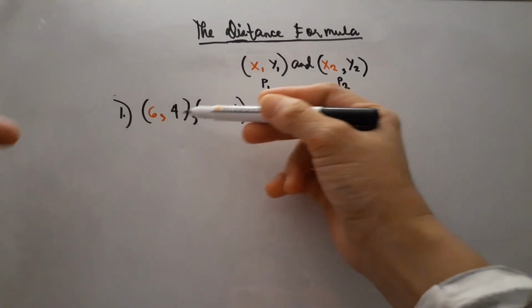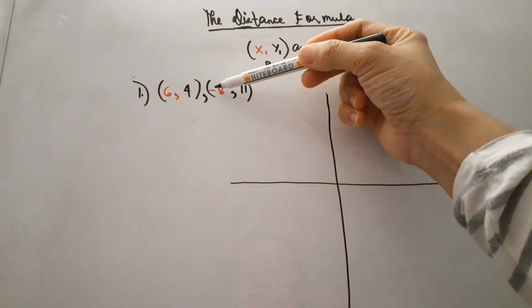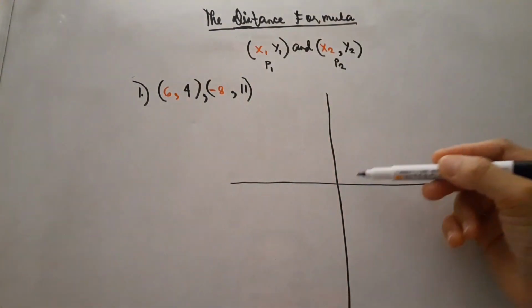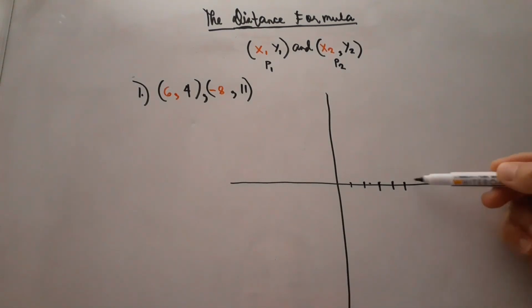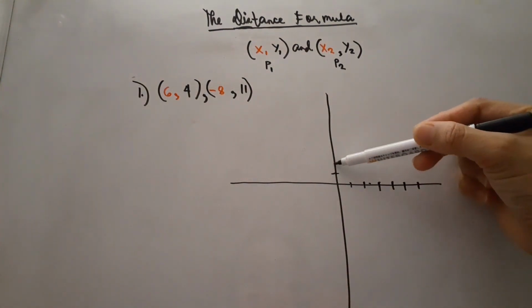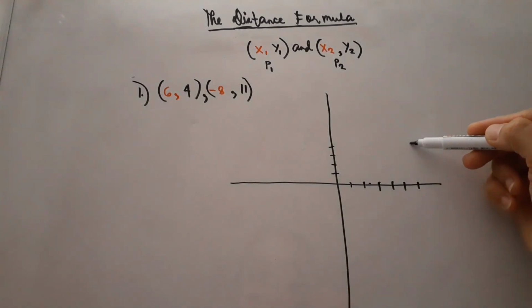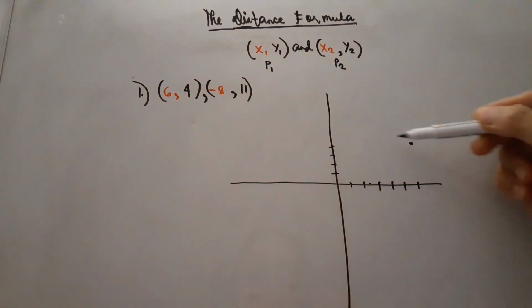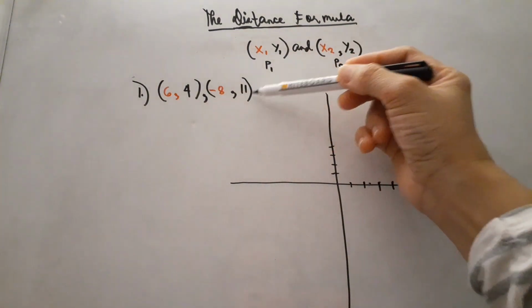And here in the black one is 4 and 11, and then we can draw a graph. Then you can point here. Let me draw it so you can understand right away. We will put a point here. So point 4 and 6, remember, the x-axis is the red one.